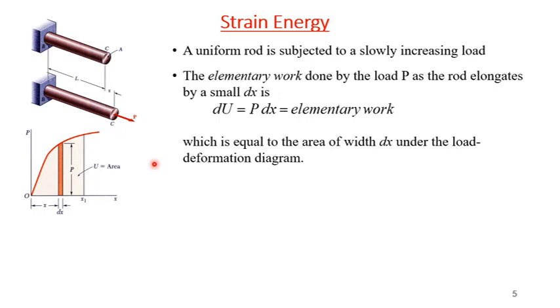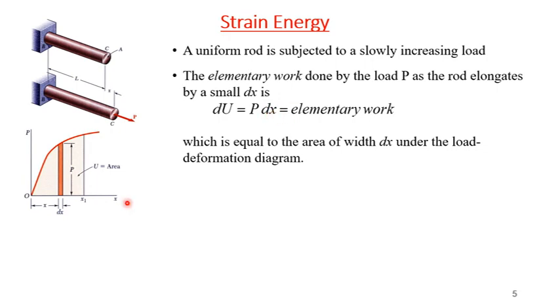Okay, now if I want to find how much work is done, work is basically force multiplied by distance traveled. So the elementary work, the small amount of work, will be this rectangular shaded area, P multiplied by dx.